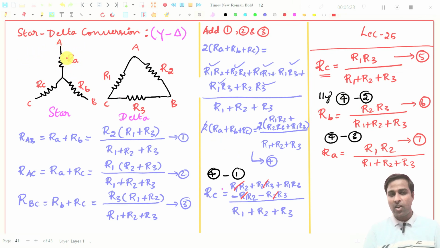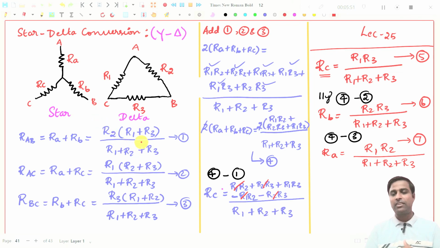For RA, you will get the combination of delta connected resistors. So this is star to delta conversion. Both vice versa connections we are going to derive. We are going to get R1, R2, R3 in terms of RA, RB, RC, which we will see in the next class.